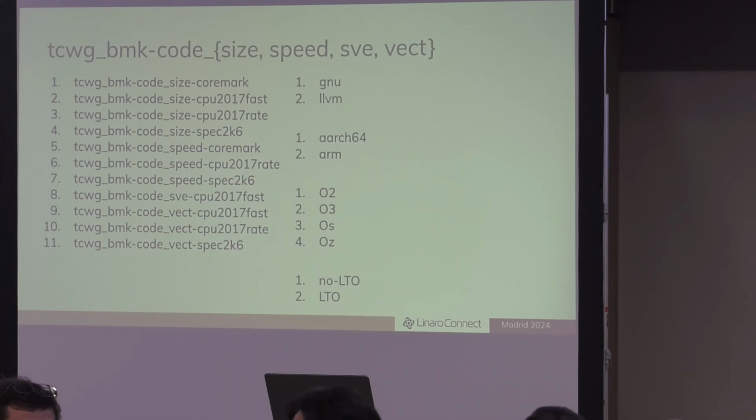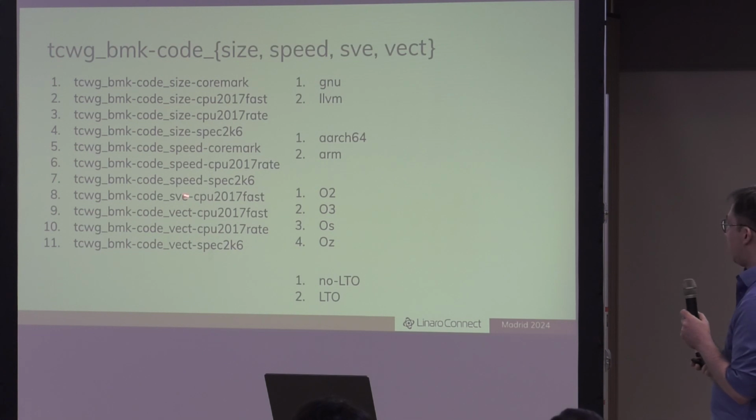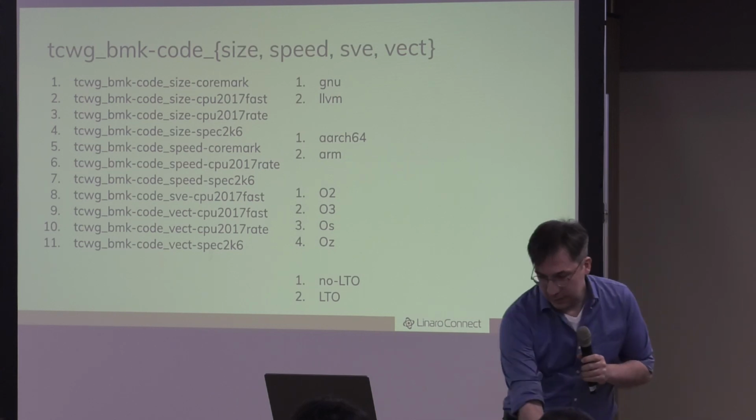LTO is link time optimization. No LTO. So this gives you an idea of how many configurations we are tracking. So vectorization for SPEC 2017, LLVM, AArch64, O3, non-LTO. Let's try and see.